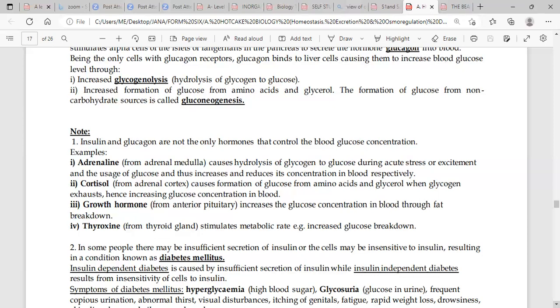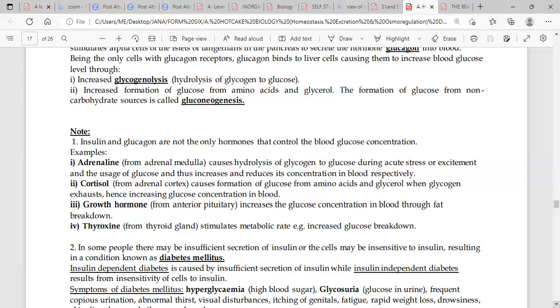So diabetes mellitus is a condition where you have high blood sugars. A lot of glucose is present in blood, a condition known as hyperglycemia. Symptoms: you have high blood sugar, and you realize you have diabetes mellitus. Those people, you hear them say that they are suffering from sugar. It is not sugar, but they are having high blood sugars in the bodies.